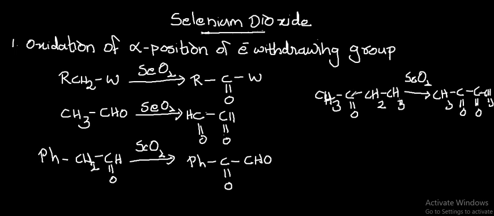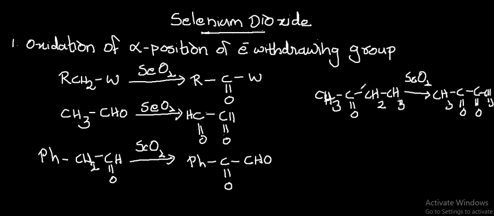The more substituted carbon will undergo oxidation, provided it has the minimum two hydrogens. That will undergo Riley oxidation more preferably than the less substituted carbon.